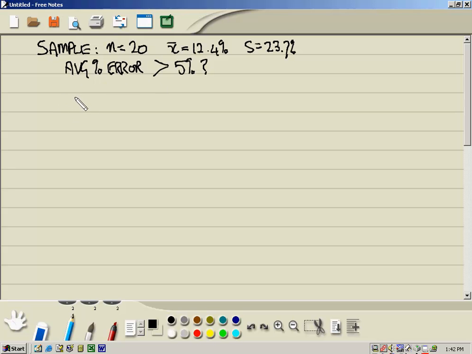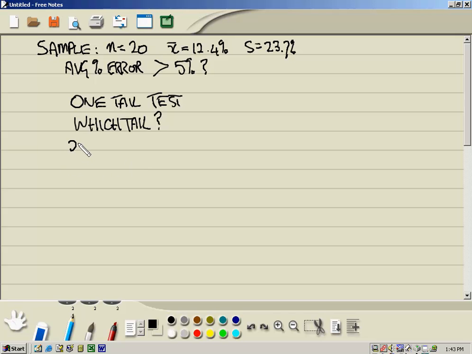So this is again a one-tailed test, and so we have to figure out which tail. Remember, we want the sample value, the x bar, on the same side of the distribution as the critical limit.